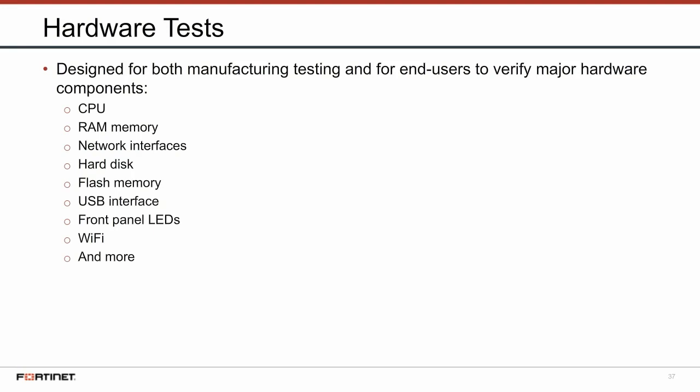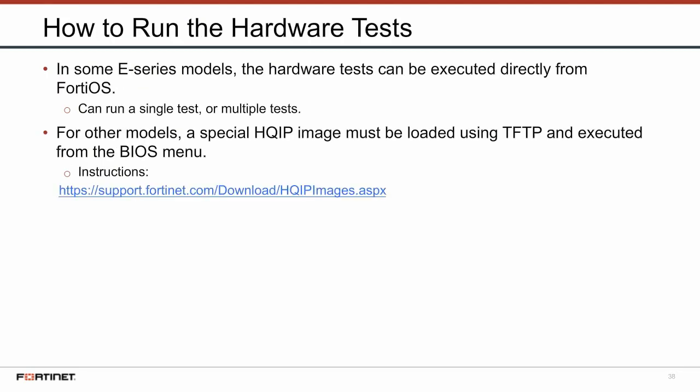Like with any other electronic device, damage to RAM can cause intermittent crashes. If you suspect hardware failure, you can run hardware tests. How do you run the hardware tests? It depends on the FortiGate model. For some FortiGate E-Series models, you can run the hardware tests directly from the FortiOS CLI.